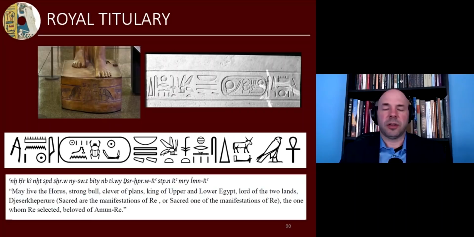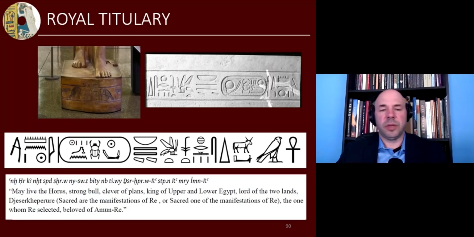And parts of the titulary continue around the sides of the base, where we have a reference to the king as the living Horus, a strong bull who is effective of plans. Again, you see the group for king of Upper and Lower Egypt, lord of the two lands, and then part of the names again, Djeser-Kheperu-Re, Setep-en-Re, beloved of Amun-Re at the end.